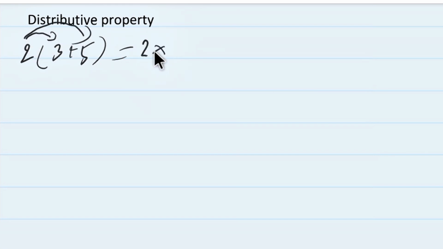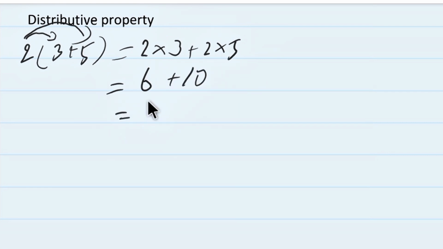That is 2 multiplied by 3 plus 2 multiplied by 5, which is equal to 2 threes are 6 plus 2 fives are 10, which is 16, and which is definitely equal to 3 plus 5, 8, and 2 eights are 16. So the distributive property multiplies 2 by both the terms in the brackets.